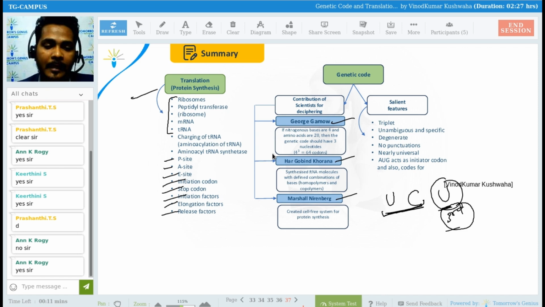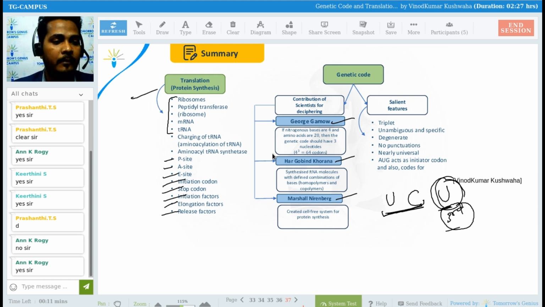So the third altered base on the codon is the wobble position. In any codon, the third one is always the wobble position. Clear? Yes, sir, got it.